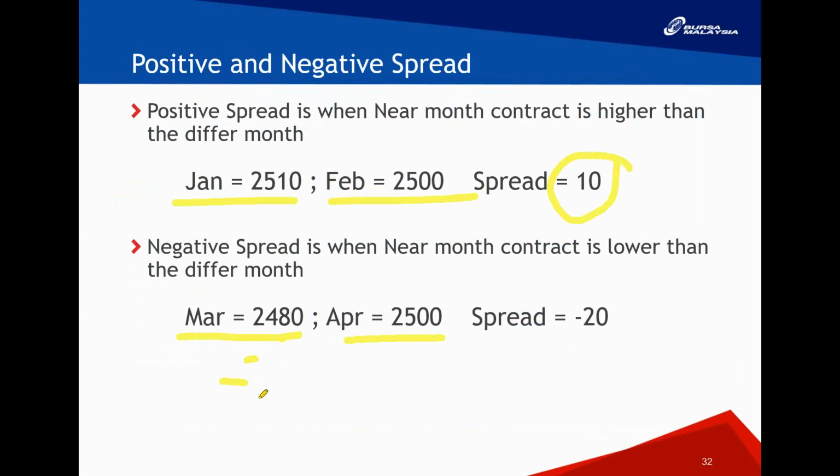This is 20 points lower than the next month. So 2,480 minus 2,500, you get minus 20. That's how you get a negative number. Sometimes you have a positive number, sometimes you will have a negative number as well.